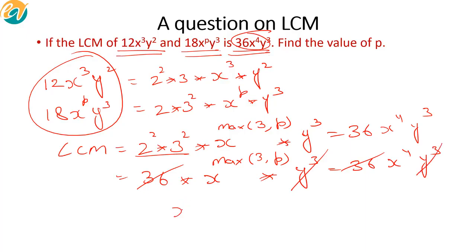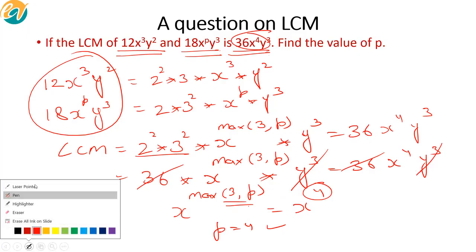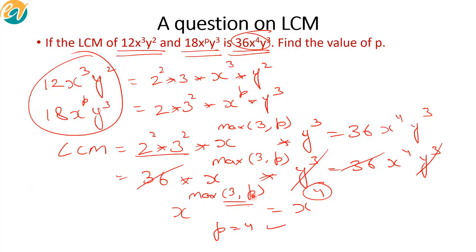So the greater value between 3 and p is 4, which clearly means that p is equal to 4. That's the answer, right? Because had p been lesser than or equal to 3, then we would have had x cube here. The very fact that we have x to the power of 4 means that the value of p has to be 4.